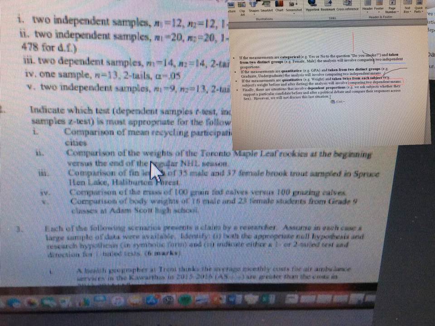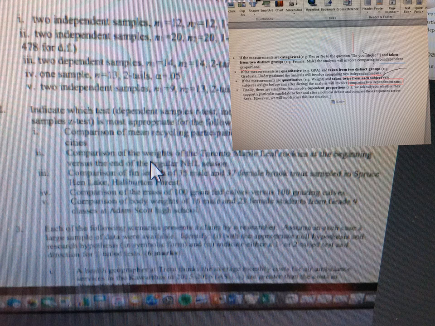It's an interesting one. I hadn't thought of that. At first I would have thought of the t-test for independent for that one. I'm not sure. I'll leave that one up to you to decide.